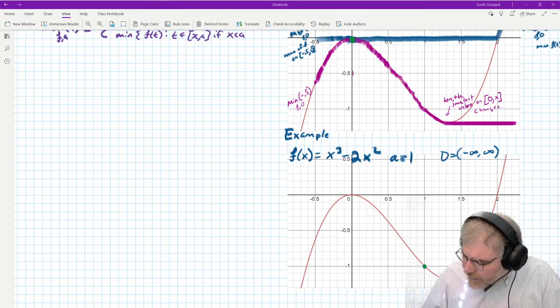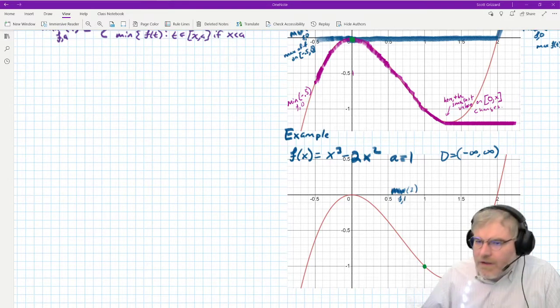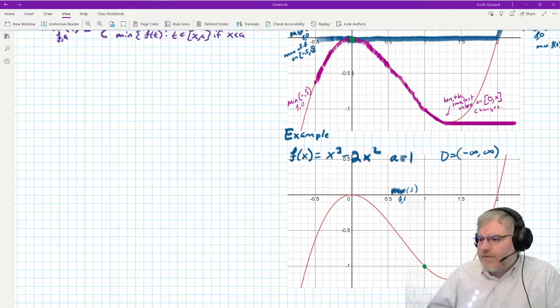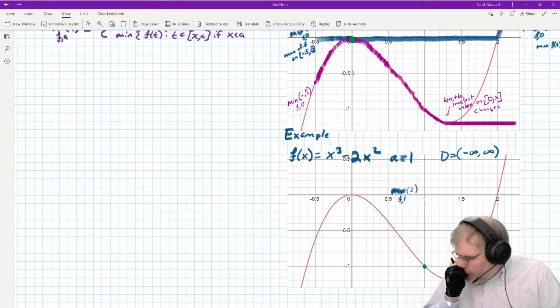So the max function. So what is the max of 2? Okay, so what is max f1 of 2? Well, it doesn't also shift to the right one. This is actually interesting.